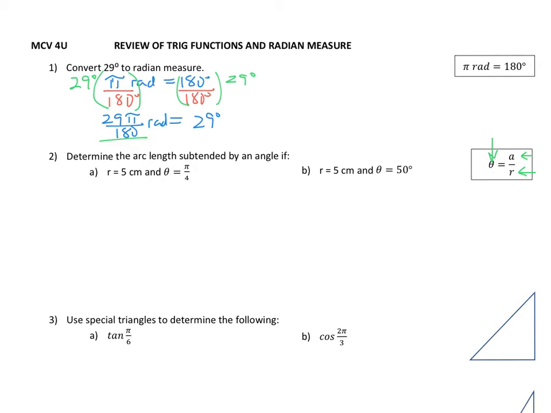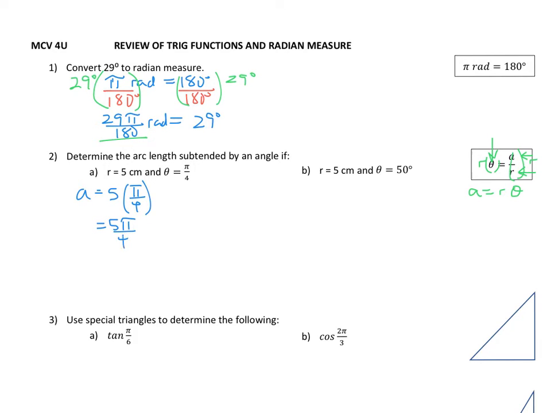So if I have my radius and my theta, the arc length can be obtained by multiplying the radius times the radian measure of theta. So my arc length will equal 5 times pi over 4, so that's 5 pi over 4.